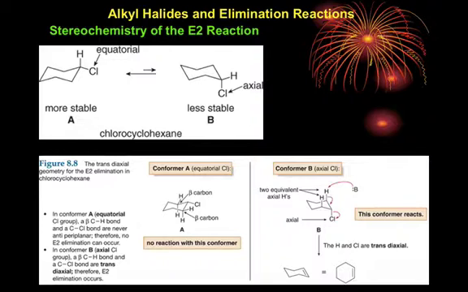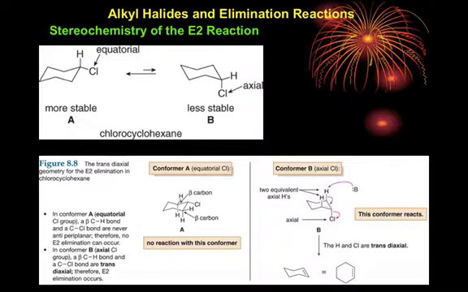What do you think, Rose? Tells us that no reaction occurs, right? So are any of those hydrogens anti-periplanar to that carbon-chlorine bond? No. So the more stable conformation of chlorocyclohexane actually can't do elimination chemistry at all, okay? At least E2 elimination chemistry.